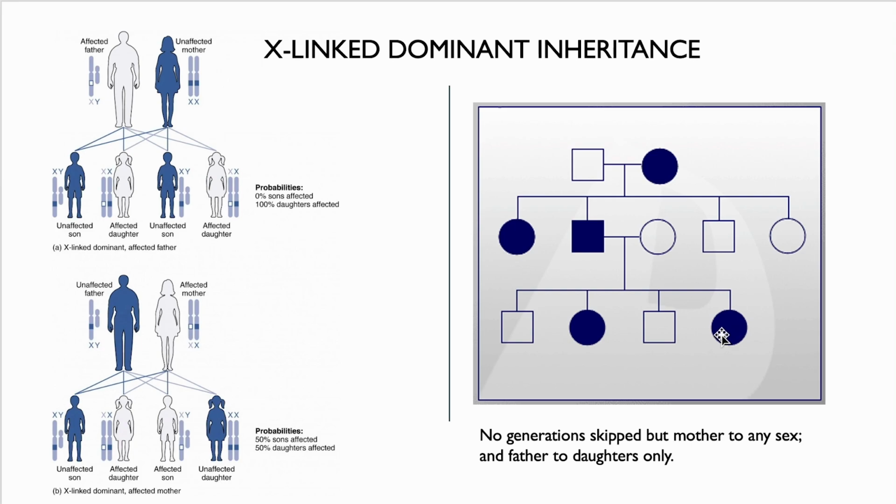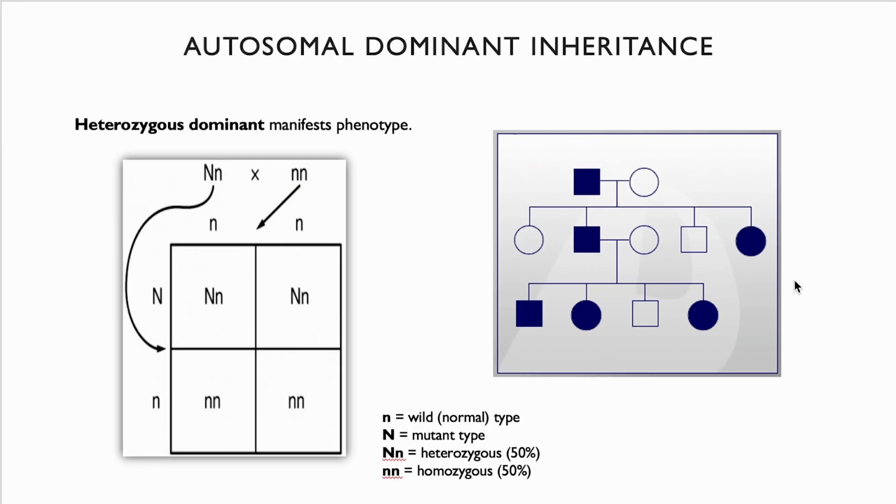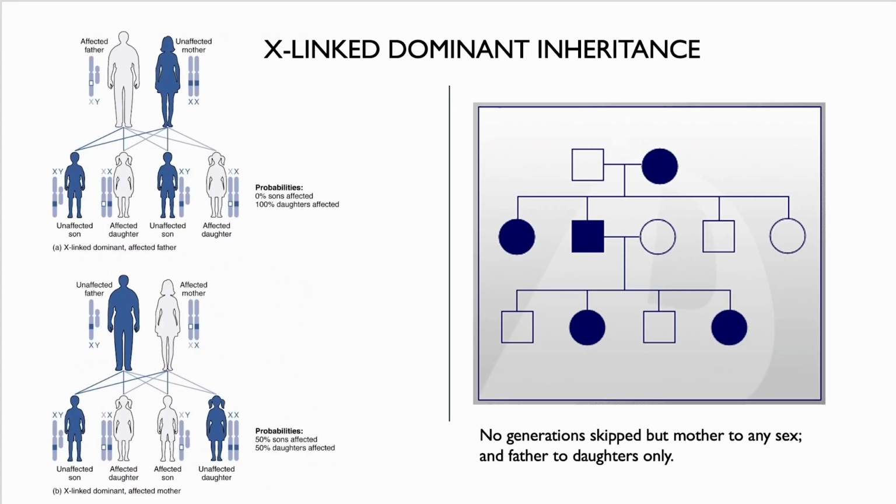That is the difference between X-linked and autosomal dominant. Let's come here. You have a male passing to male, female, female. That is not seen in the X-linked dominant. The male passes only to females.